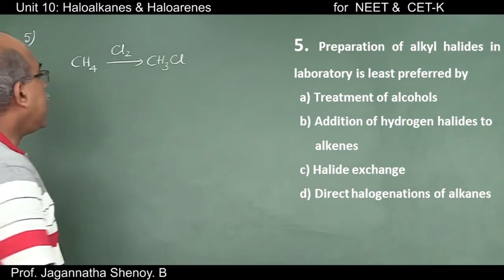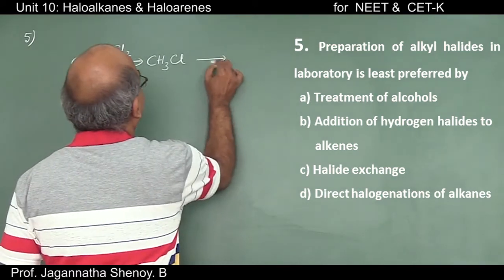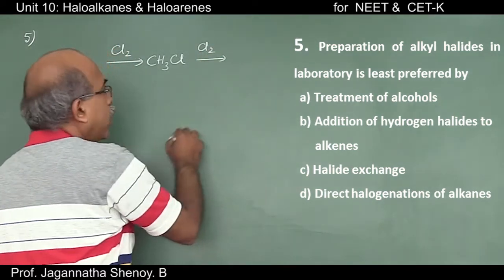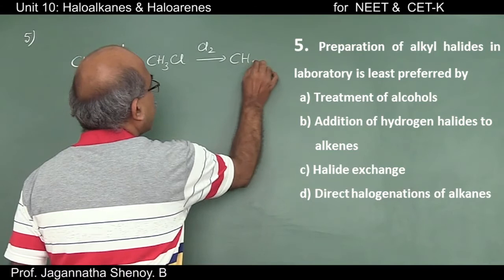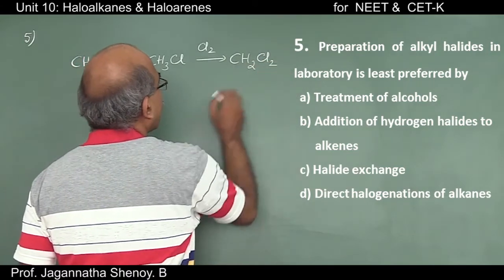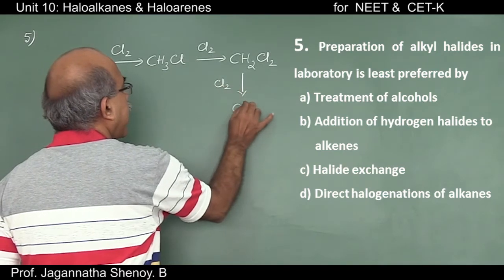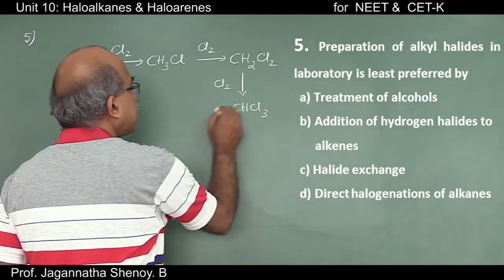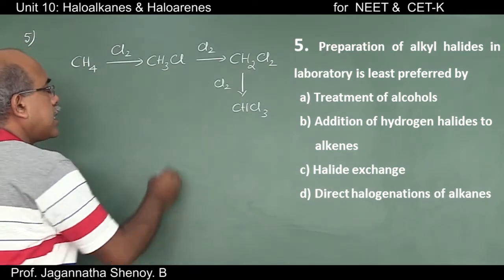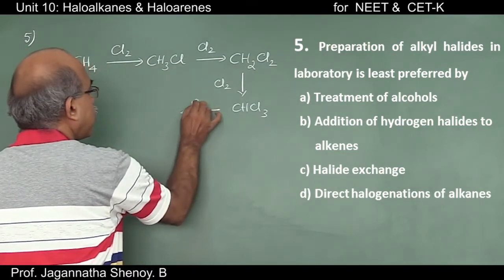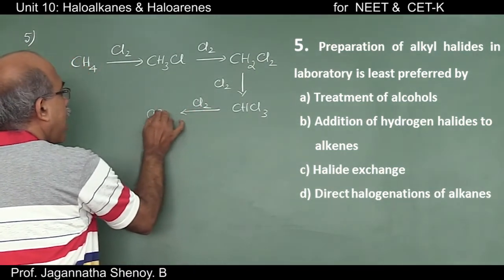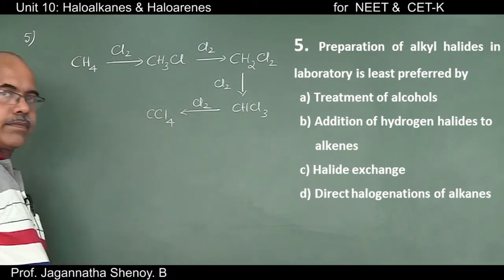Here I will get methyl chloride, then again I'm going to treat it with chlorine, you will get dichloromethane or methylene chloride. This will be subjected to further chlorination. I get chloroform CHCl3 and this CHCl3 is further subjected to chlorination. I will get carbon tetrachloride.